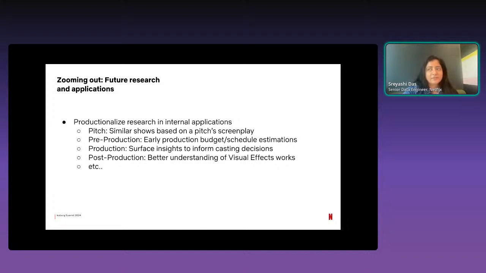If you have a scene which is very relevant to a particular cast, and you know that this has been successful before, you can take the scripts, understand what characters need to be there, and figure out what casting decisions need to be made.